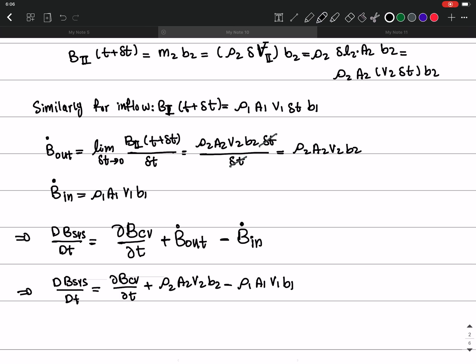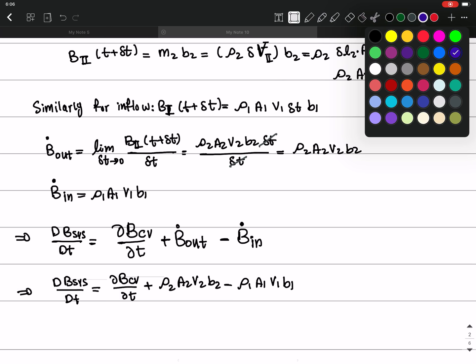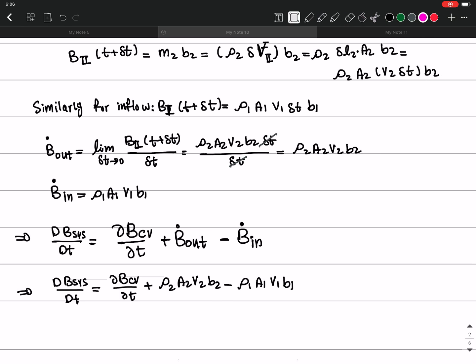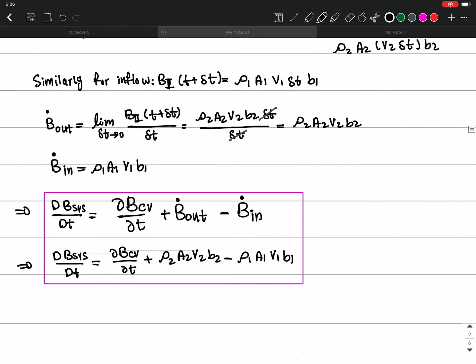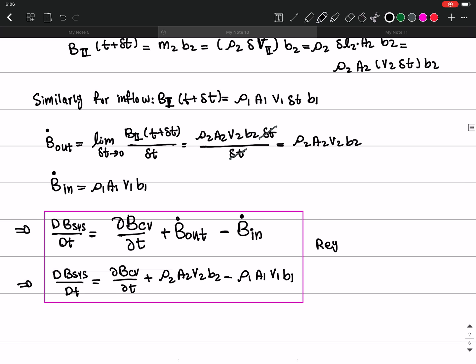Okay? So let me emphasize on this. This is a very important formula. And this is what we call Reynolds transport theorem under some assumptions. And we will look at a more general form of that in a moment.